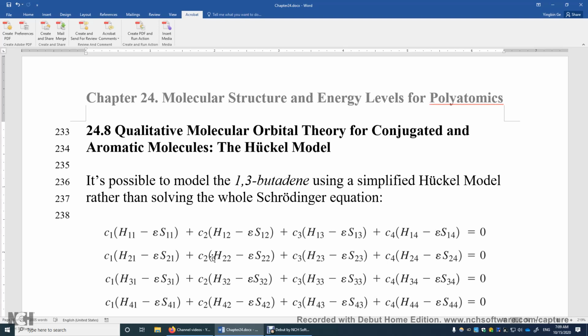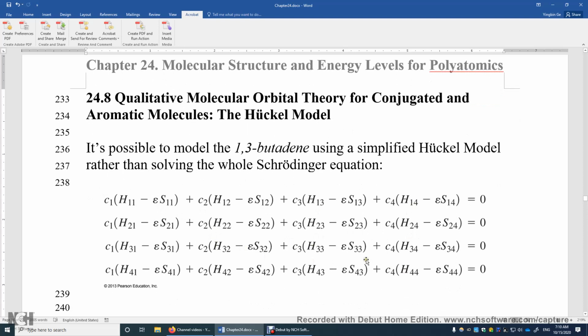Let's look at 1,3-butadiene. We will focus on the 4 p electrons, one contributed by each of the 4 carbon atoms. And then we can write out these 4 linear equations. C1, C2, C3, C4 are the molecular orbital coefficients.